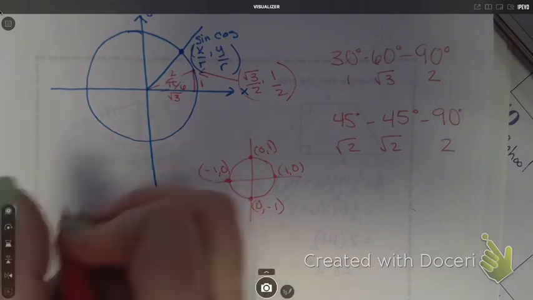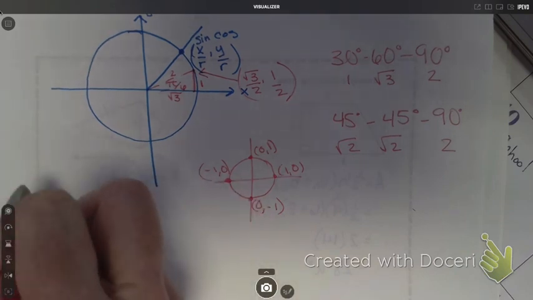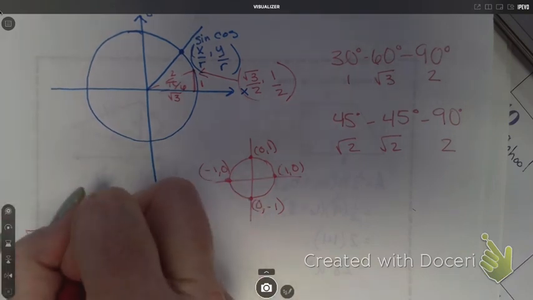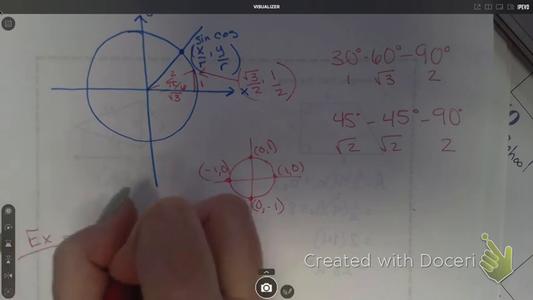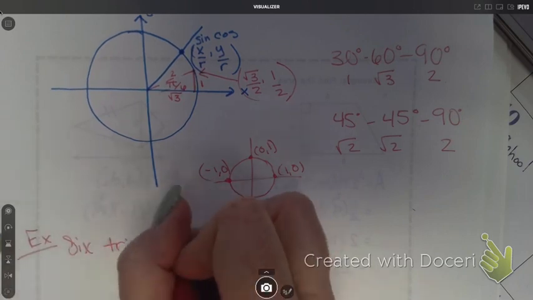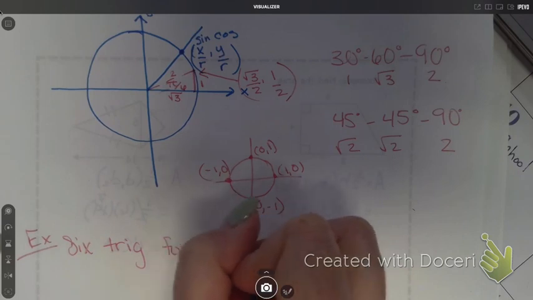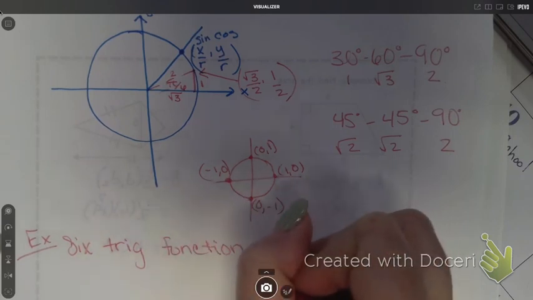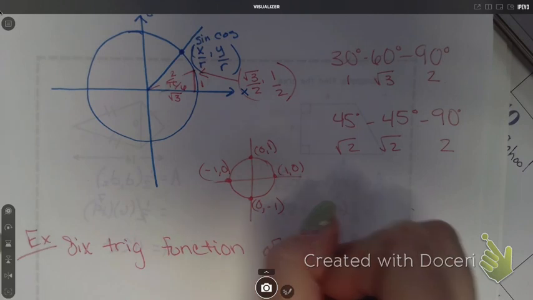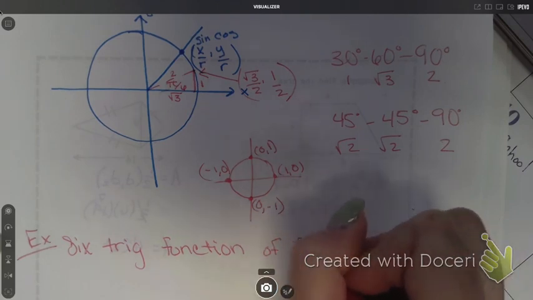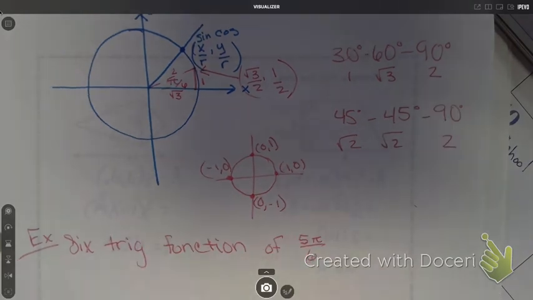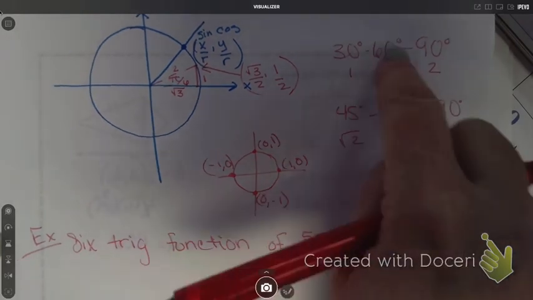I want to know the 6 trig functions of 5 pi over 6. Okay, so we need to remember our reference angles. You guys got all these down so I can move this up?